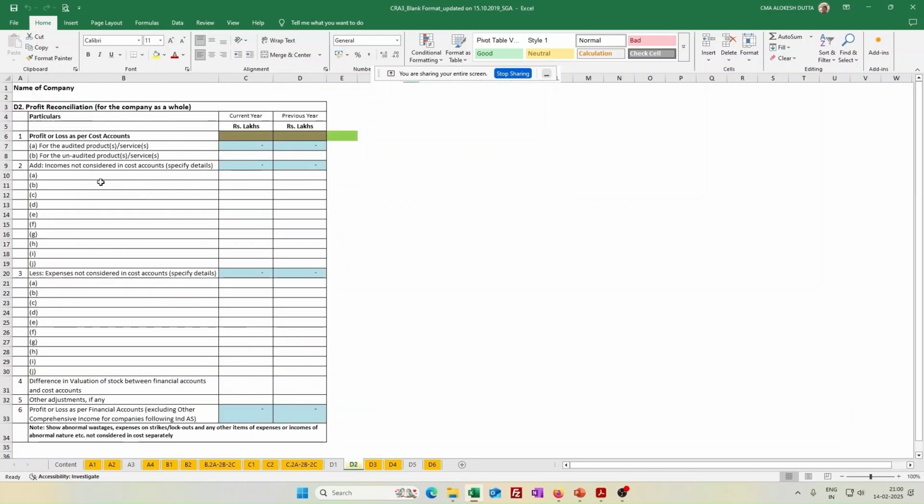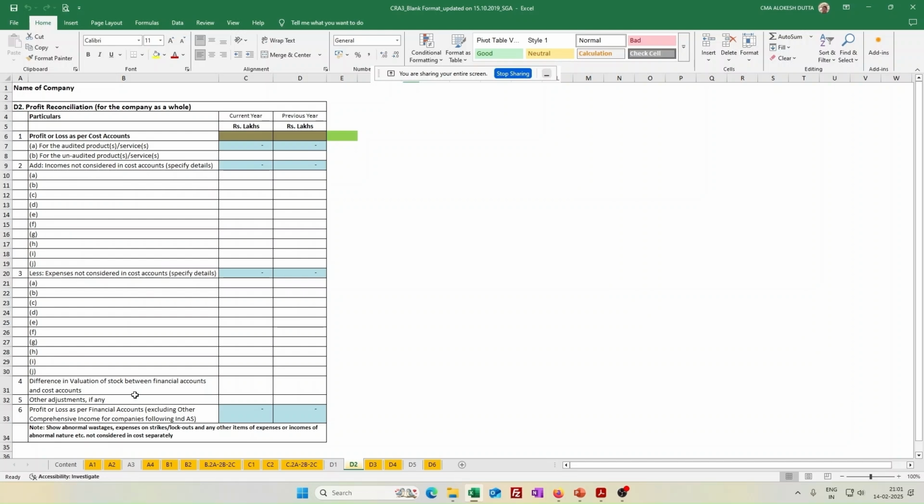You have to add the income which you have not considered in the cost of production in B2, and less the expenses not considered in B2 or C2, and the difference of under absorption, over absorption, and difference in valuation of closing stock and opening stock of financial account and cost account. At present, stock has been valued at cost in cost accounts, and in finance, at cost or NRV, whichever is lower. So there must be some difference.